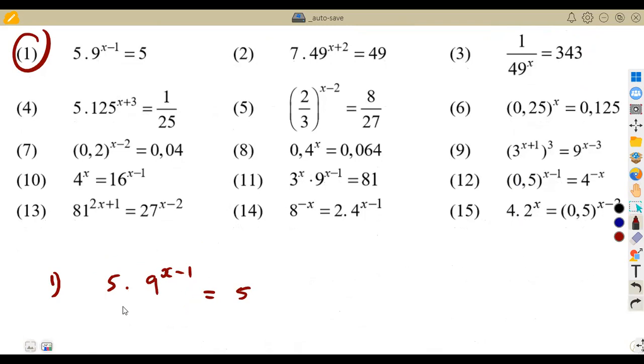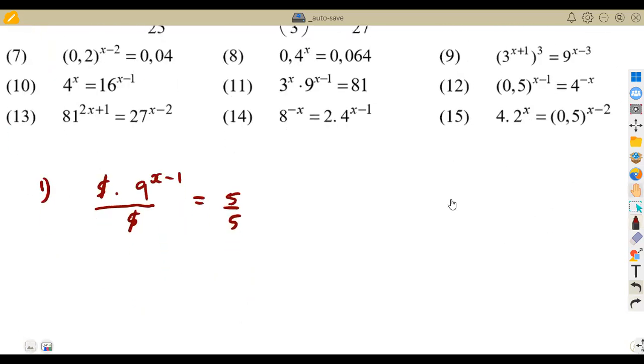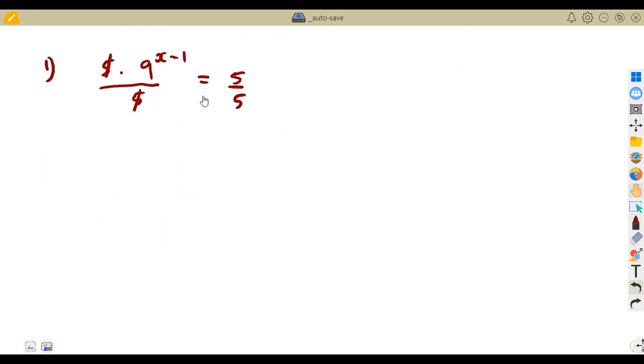So what can we do? We can simply divide by 5 on both sides, and this will cancel. Once this cancels out, we remain with 9 to the exponent of x minus 1, which is equal to 5 divided by 5, which gives us a 1.